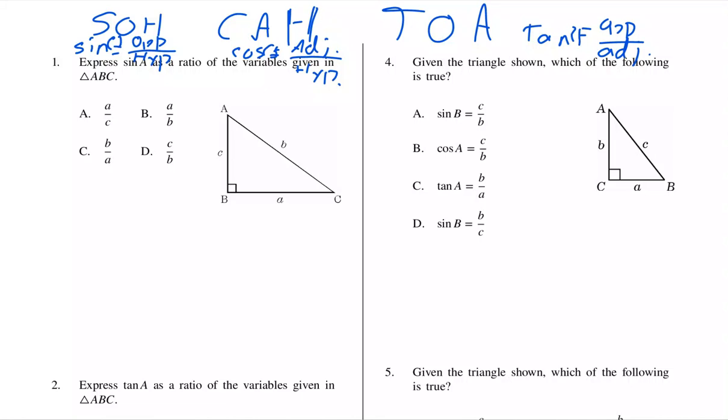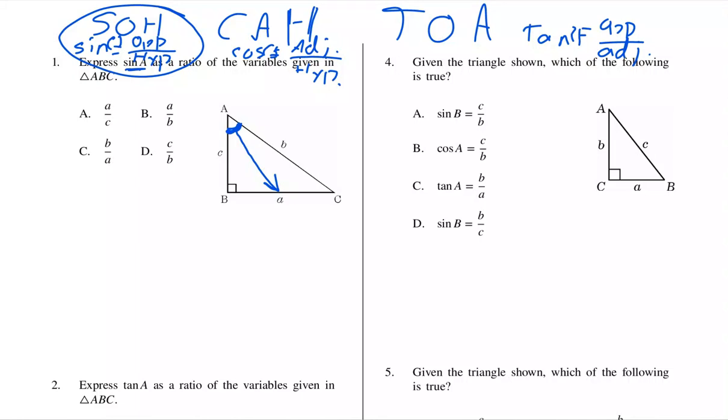So for this first question, it says express sine of A as a ratio of the variables given in triangle ABC. So if we look, we're looking at this angle right here. Since we're looking at this angle, and we're specifically looking at sine, sine is opposite over hypotenuse. Well, from my angle, I draw a line directly across the shape.